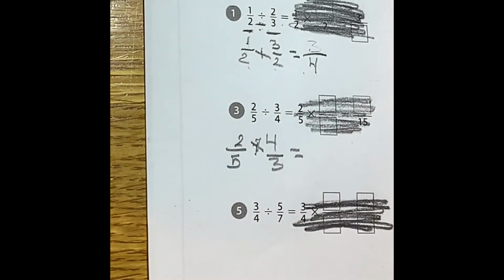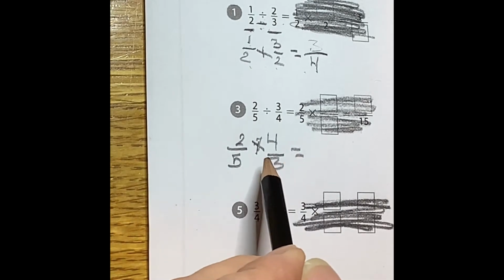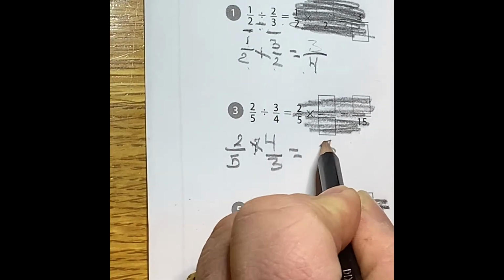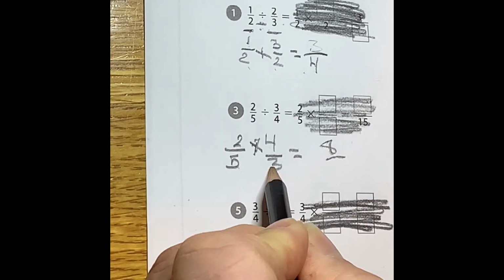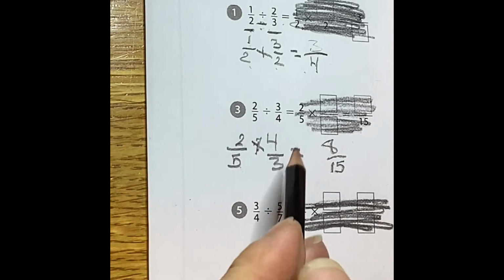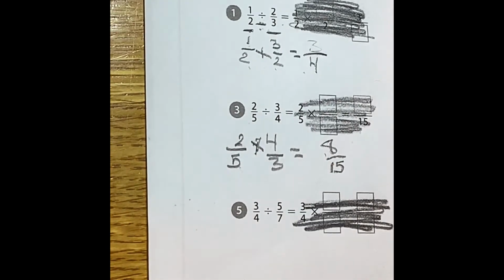Now we do our math. We know that when we multiply two fractions, the equation is numerator times numerator over denominator times denominator, which is, in this case, 2 times 4 is 8, and 5 times 3 is 15. So your answer for 2/5 divided by 3/4 is 8/15.